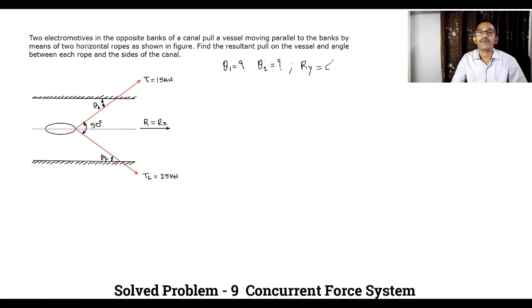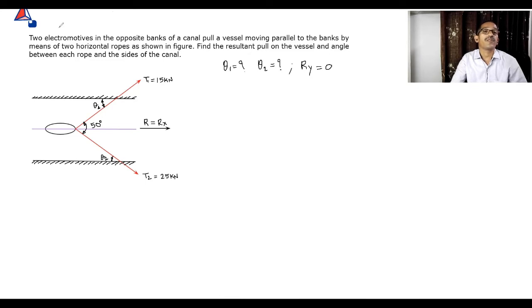So what will we write here? Ry is 0. Now if we represent these inclinations, what is the inclination of this rope? For the first rope where T1 is applied, its angle with the horizontal is theta 1. I will represent it here. The same angle is here, theta 1.